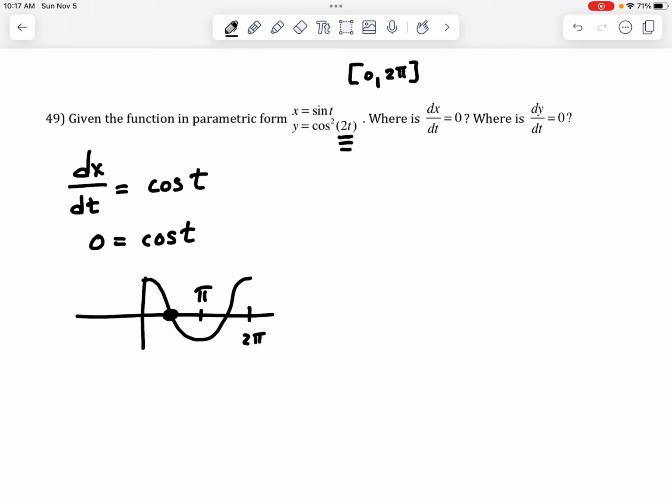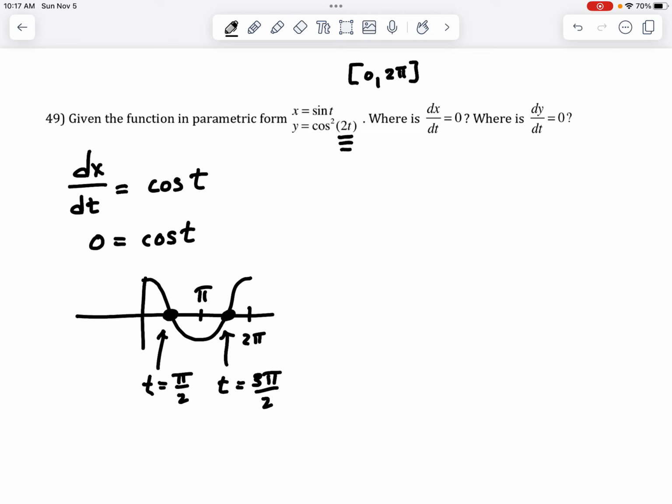And there's two places where it will equal 0. One is going to be when t equals pi over 2. And the other one is going to be when t equals 3 pi over 2. So that's when the derivative of the x function is equal to 0.